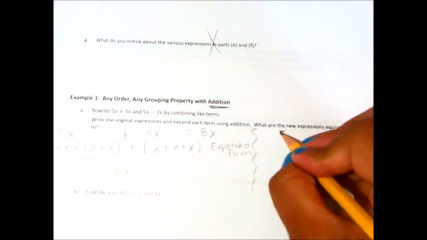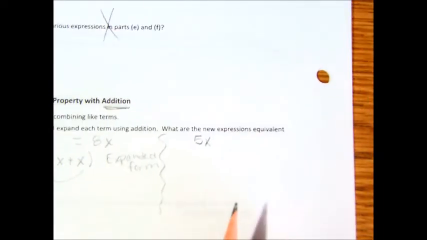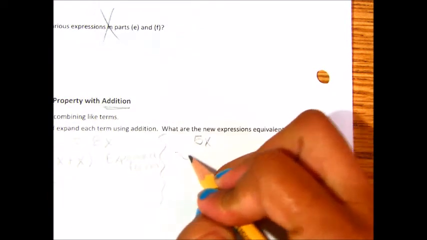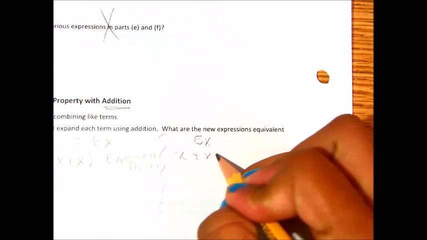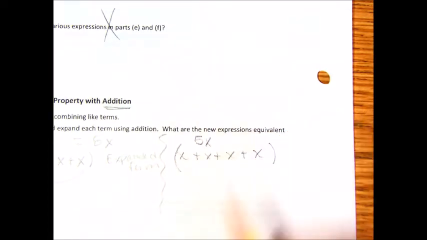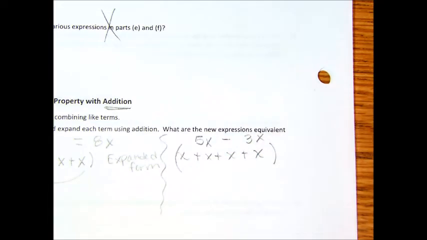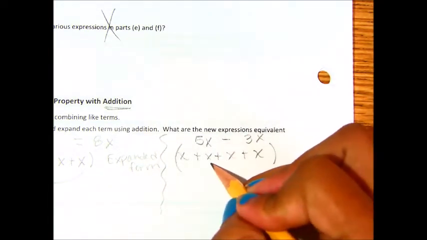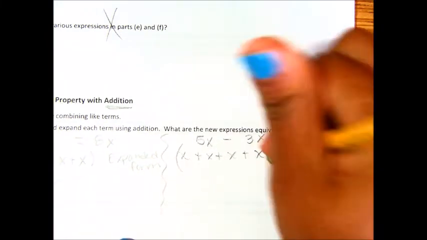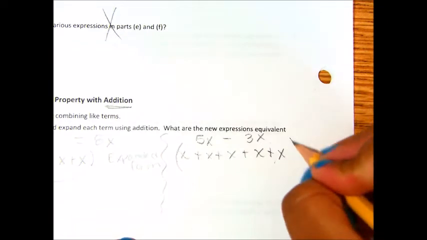I'm going to start by getting down my first term. 5x looks like x plus x plus x plus x. Oh, sorry, that's just 4 x's. Happy I checked that. Plus 5 x's.